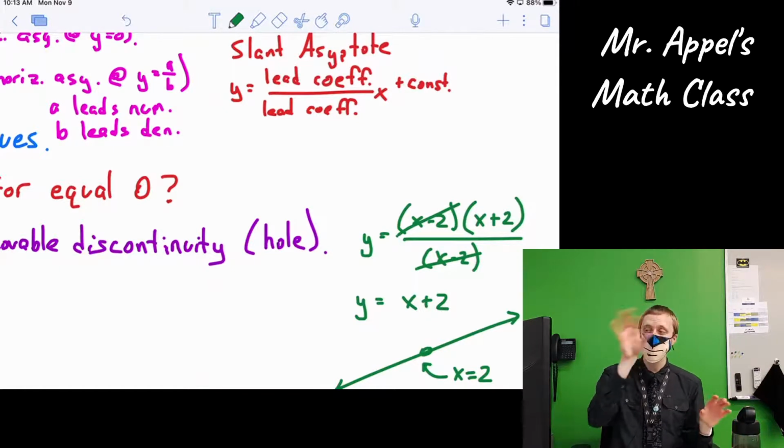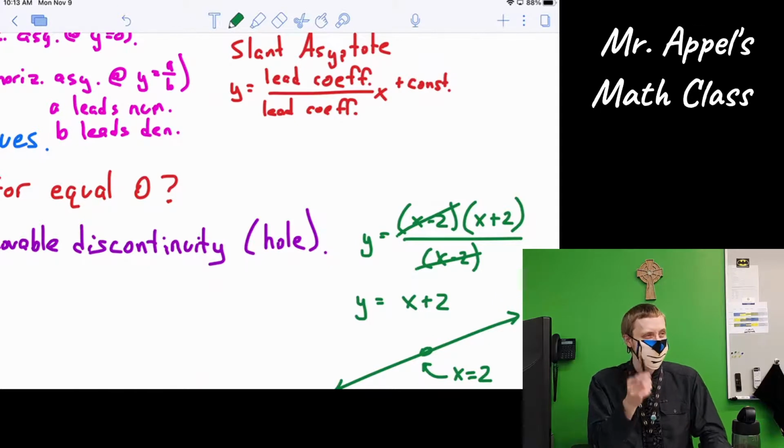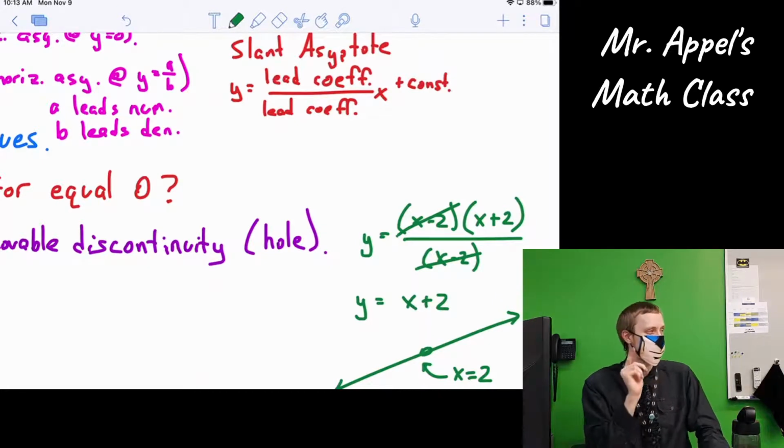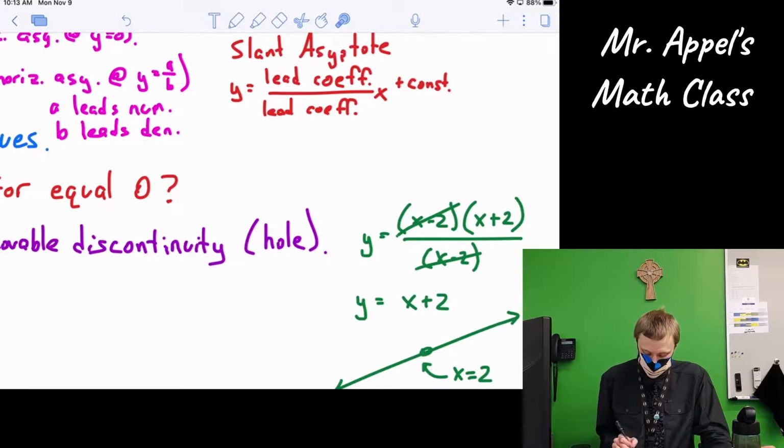And anything that's only on the numerator's list, that is a true zero of the function. Remember earlier we said possible zeros. We only found the possible zeros before because we only checked the numerator. If they're on both lists, it's not a zero. This function is not crossing through the x-axis at x equals positive 2.